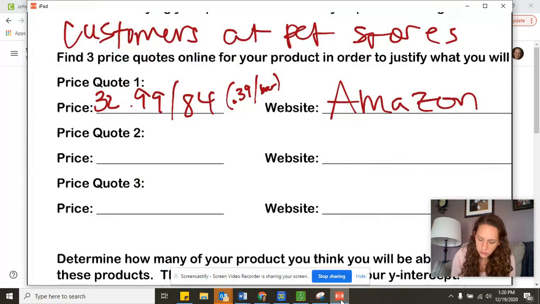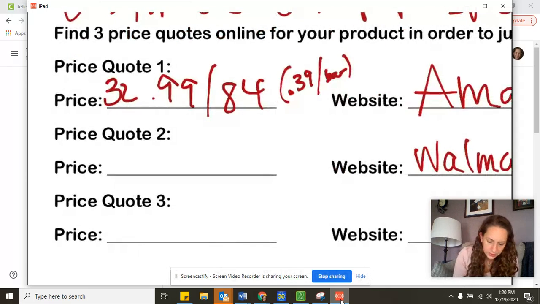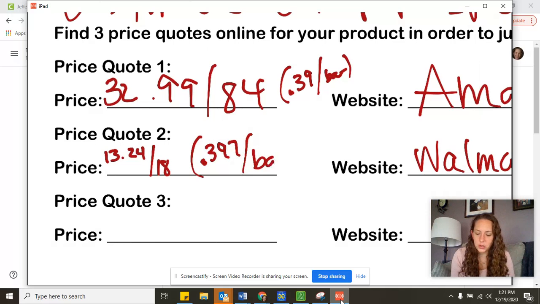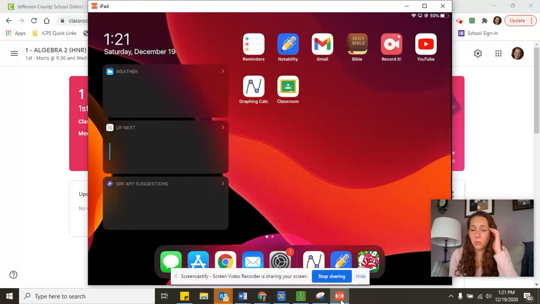So from Walmart, $13.24 for 18 candy bars, which they said was 0.397 per bar, which is not that big of a difference. Depending on if Walmart was more convenient, you might go with that. But in this case, so far I'm sticking with Amazon, especially because I can buy more.